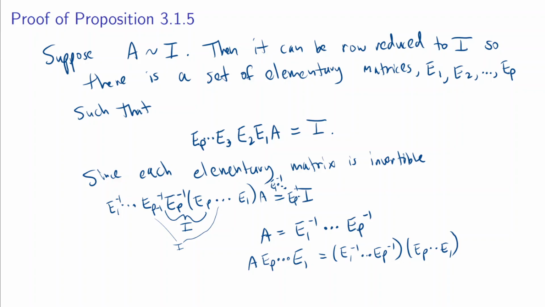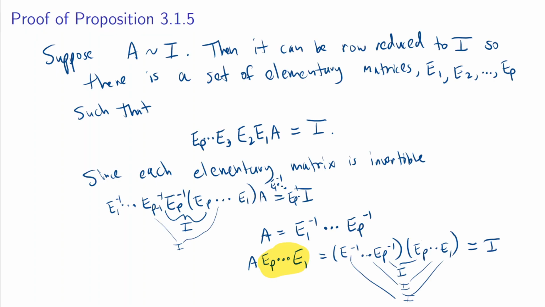What we see here is that we can have this pairing thing. So EP inverse times EP is the identity, and then all of these are going to pair up until we've paired all of these. So we get the identity. So this whole thing equals the identity. So what does that tell us? It tells us that this product of these elementary matrices is A inverse.